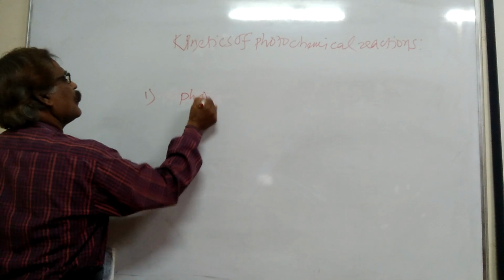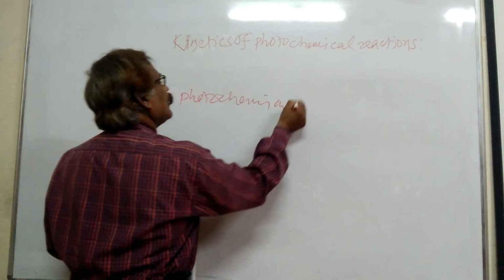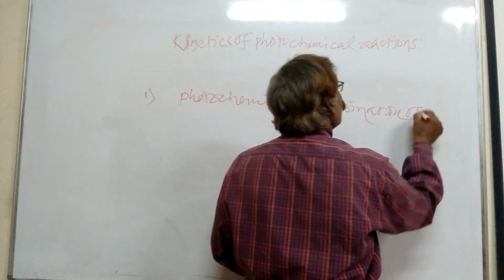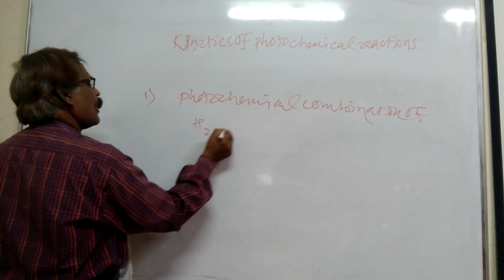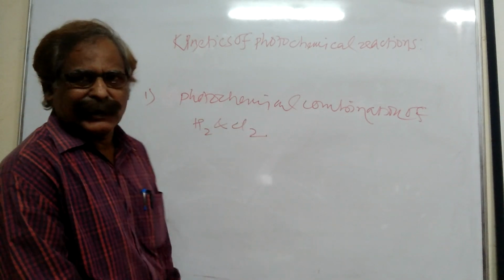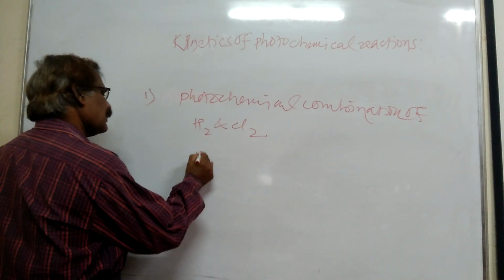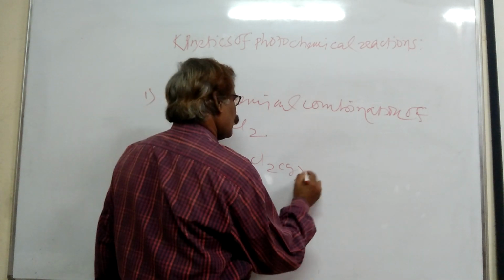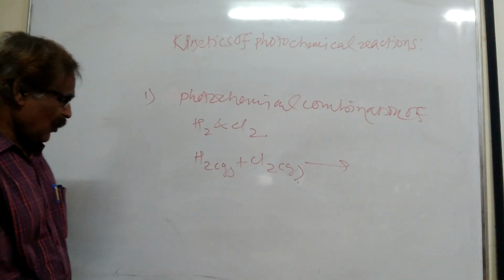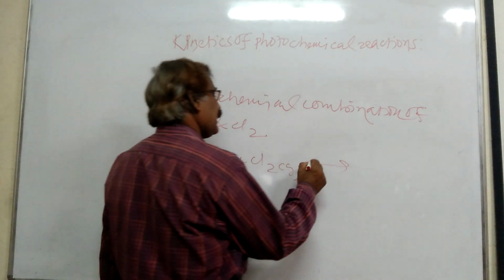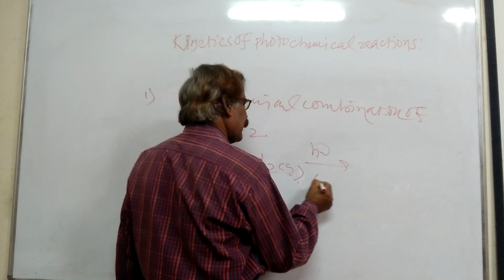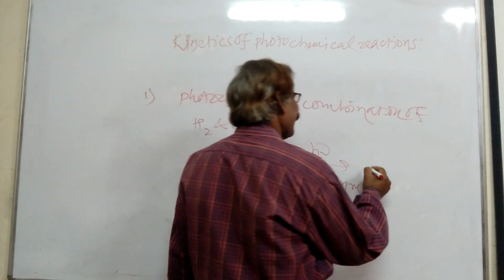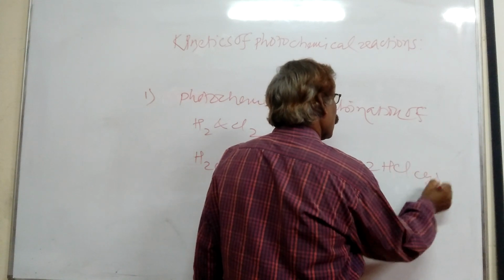Photochemical combination of H2 and Cl2. Here, when a gaseous mixture of hydrogen and chlorine gas is exposed to electromagnetic radiations of wavelength 4000 nanometer, we get HCl gas.